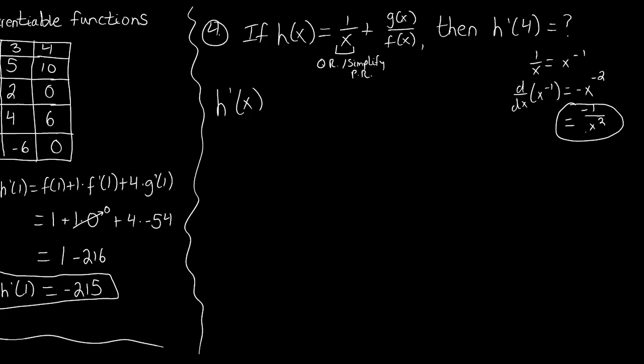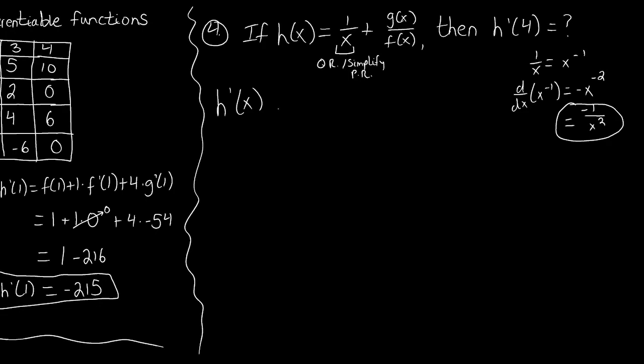The reason I didn't use the quotient rule is that it's overkill in something like this, because you have to figure out, okay, low d high minus high d low, all over the square of what's below. It would work out to be the same thing. It's just a lot more of a process than it is to simplify this and get used to seeing this written as this for its derivative.